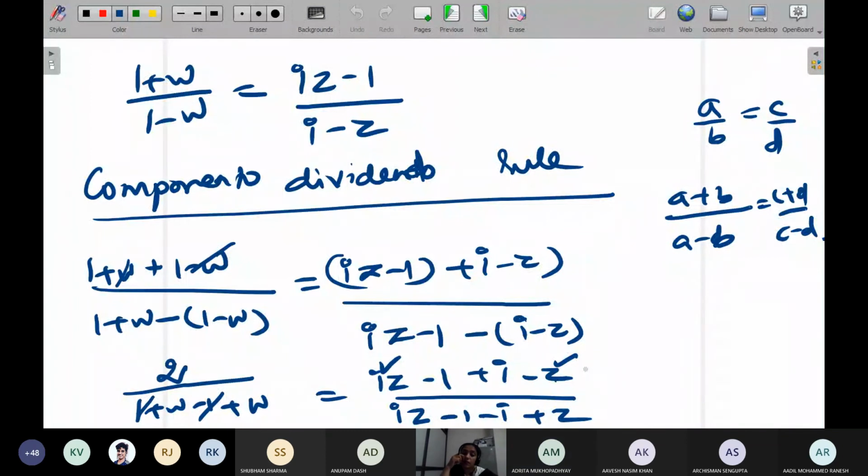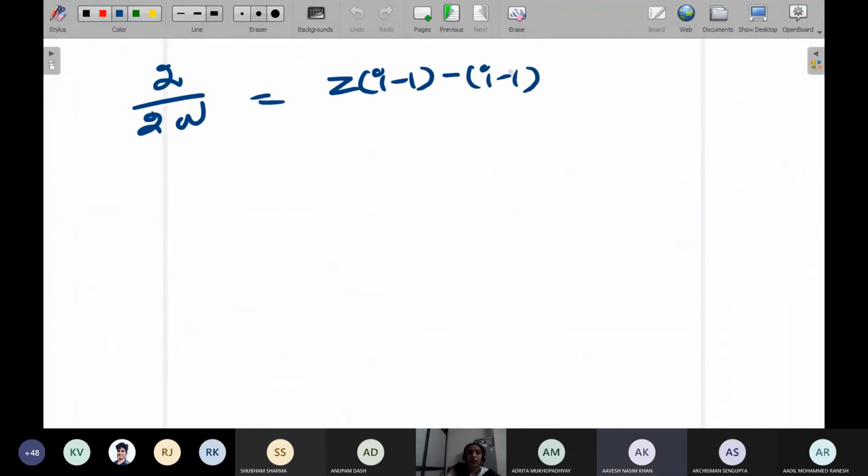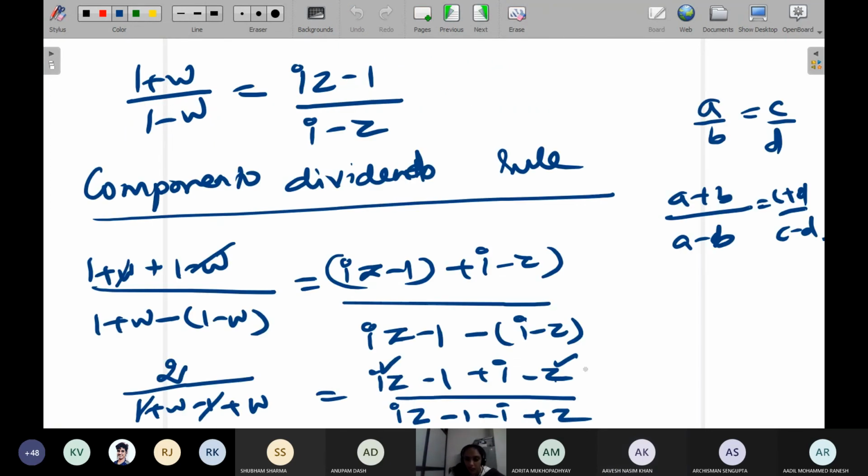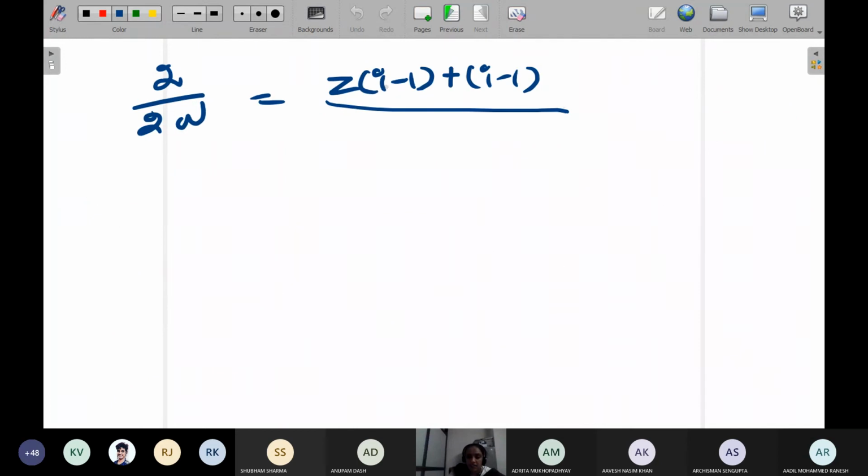Similarly here also I can combine the terms. If I take z outside, I'll get i plus 1, and if I take minus sign outside, I'll get i plus 1. Now 2 under 2 will be getting cancelled. You'll get 1 by w.